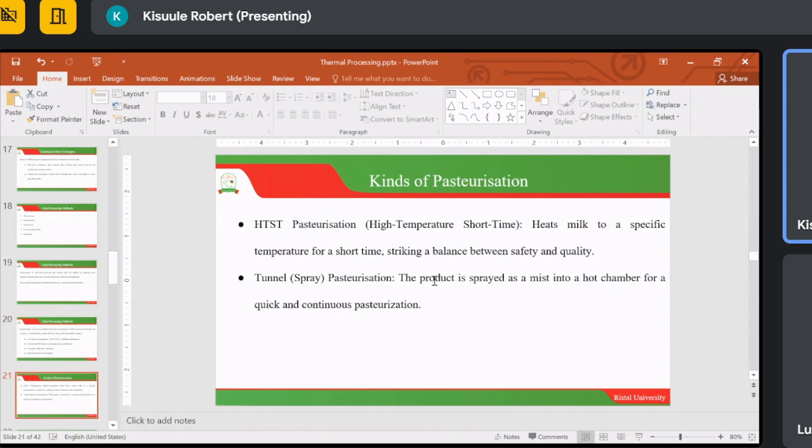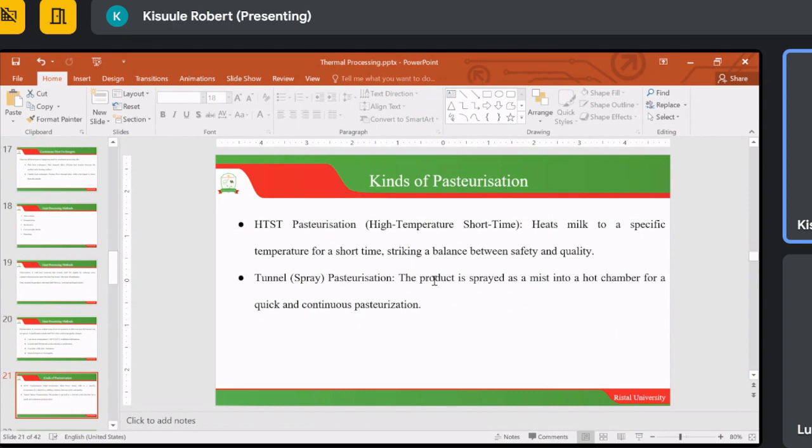One of the kinds of pasteurization is the high temperature short time. We are saying this heats milk to a specific temperature for a short period of time, striking a balance between safety and quality. Then also we have spray pasteurization.